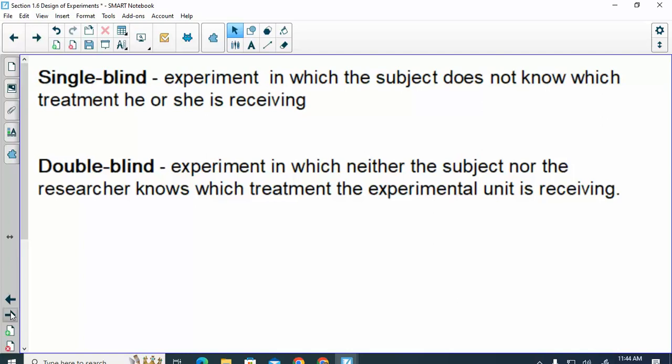In that kind of situation, you would typically have to have a third party that did know what treatment was being used. So maybe for whatever reason, the medication I'm giving, I thought that I might give it away. That I couldn't be trusted not to tell or treat the subject differently if I knew they were getting the real drug. So there might be a third party that knew who was getting what when I didn't and the subject didn't.